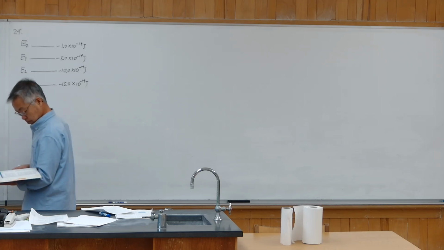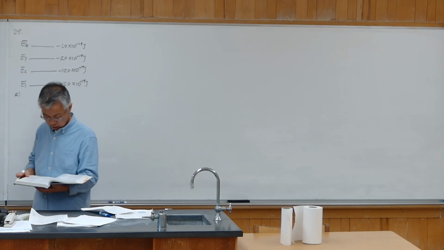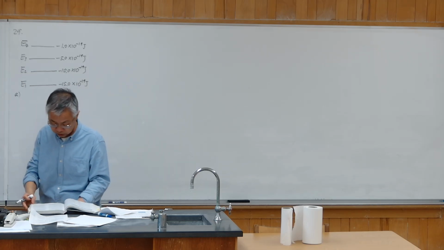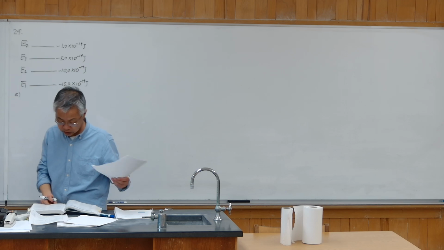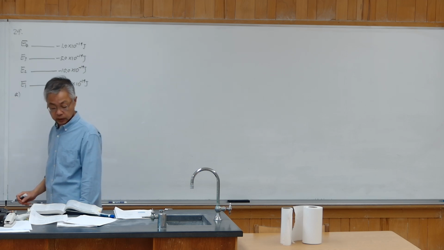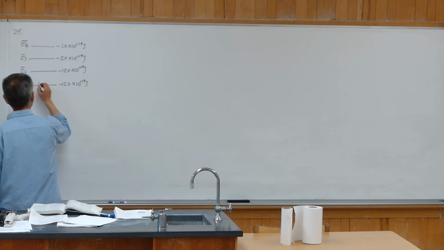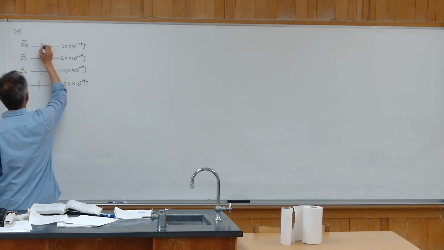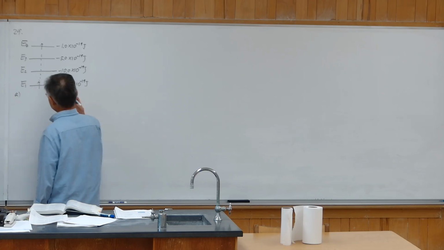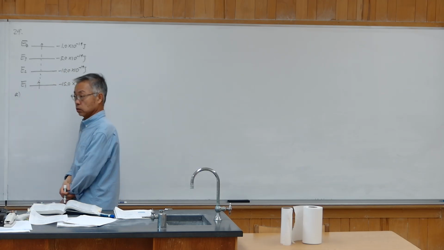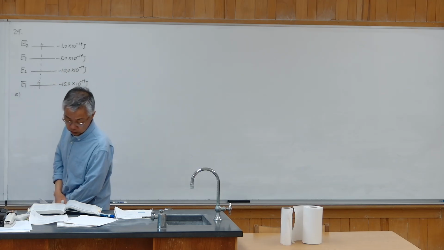Now A asks you what is the wavelength of the photon needed to excite an electron from E1 to E4. So the electron initially in E1, we want to promote it to E4. So we need to shoot light on it. It asks you what is the wavelength of this light?